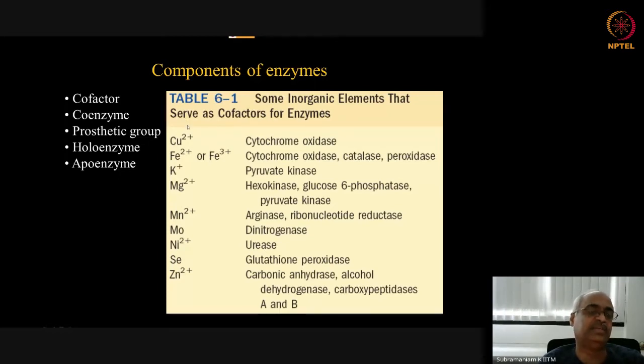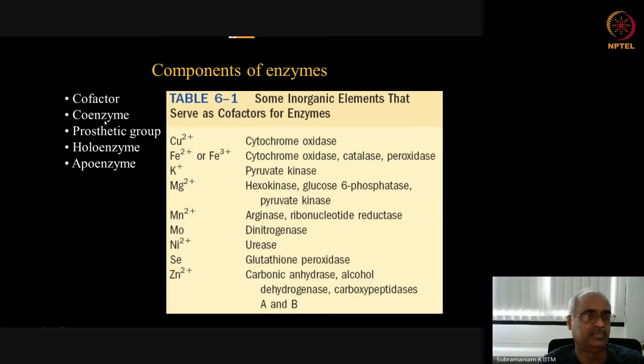And sometimes such non-amino acid moieties present in enzymes can be small organic molecules, and they are called coenzymes. Almost all the B complex vitamins that we require as nutrients in our food function as coenzymes.